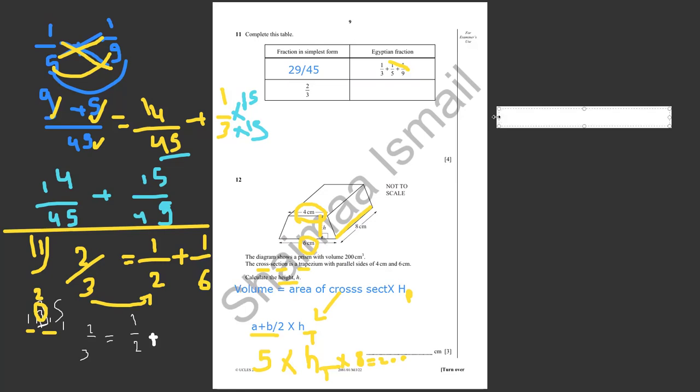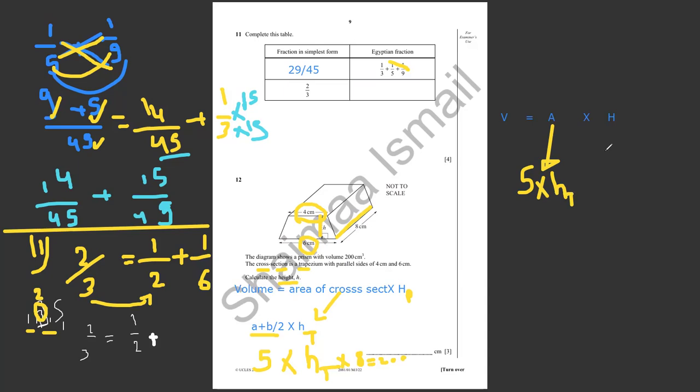So again, the volume of any prism equals the area of the cross section multiplied by the height of the prism. Okay, so here we go. The area of the cross section here will be equal to 5 multiplied by the height of the trapezium, and this height is equal to 8.